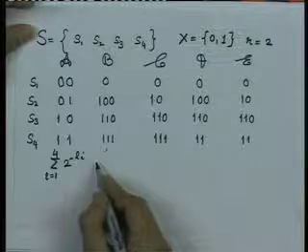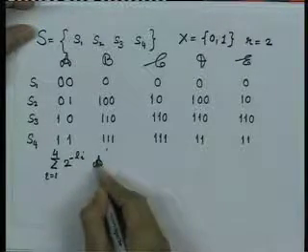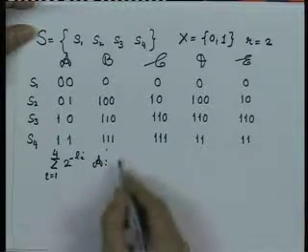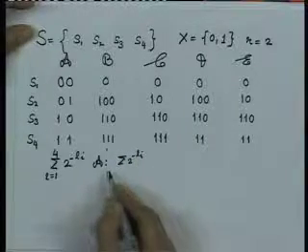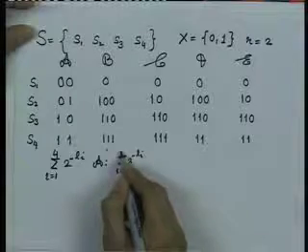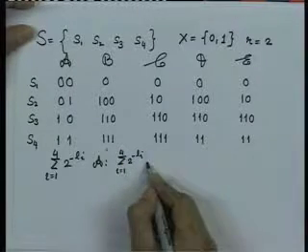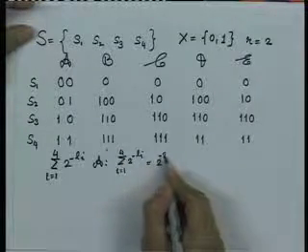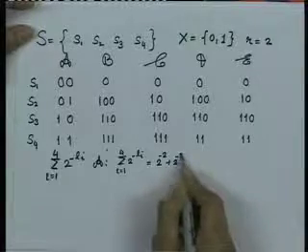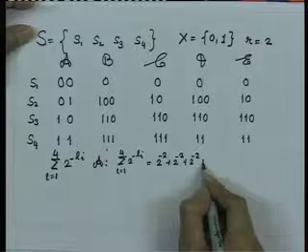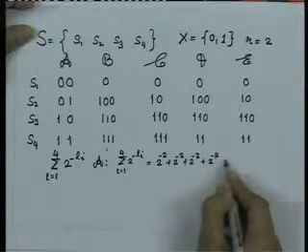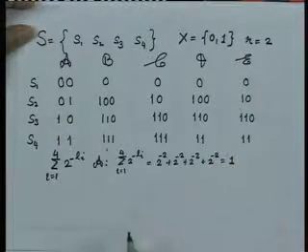So, for the code A, the sum of 2 to the minus li, i equal to 1 to 4, gives 2 to the minus 2 plus 2 to the minus 2 plus 2 to the minus 2 plus 2 to the minus 2, because each code word is of length 2. So what I get is equal to 1.